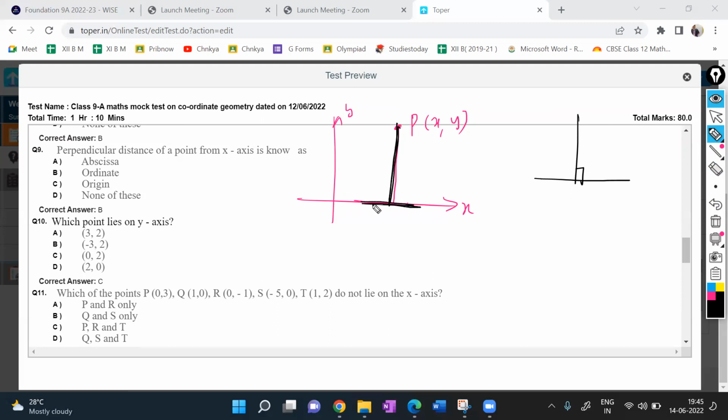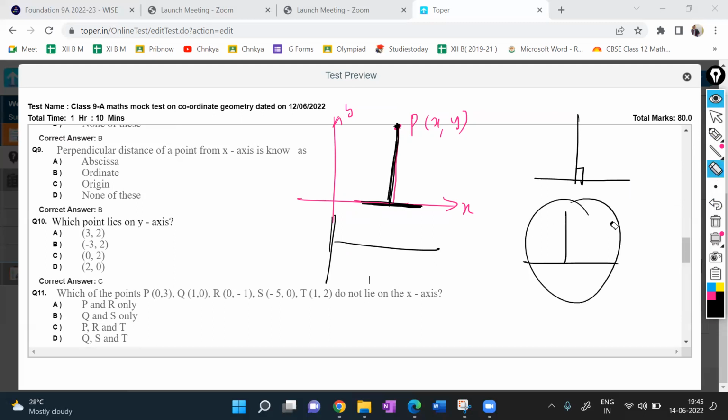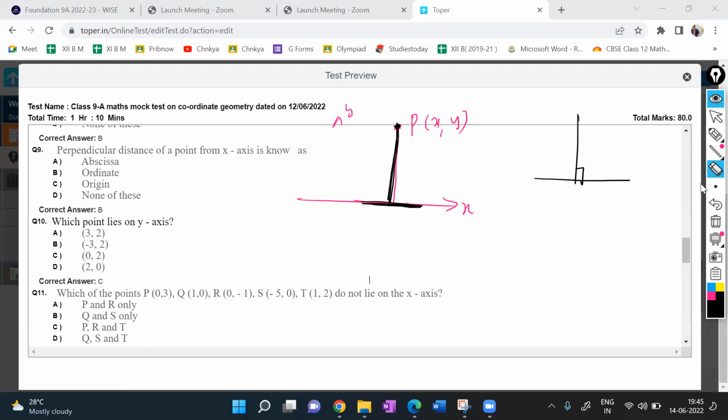I think you have not studied perpendicular. Am I correct? Perpendicular is when I draw a line and extend it so that it forms a T, a reverse T. That is perpendicular. Understood? Yes, sir.